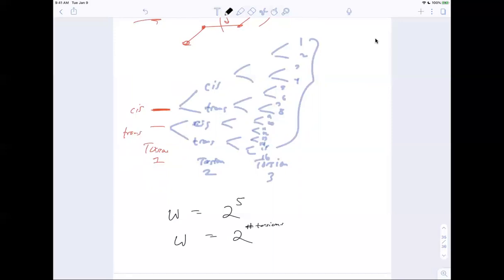Exactly. So you see here, W for this context dependent problem or this system is different than the combinatorial W that we started with for the joule-free expansion. And you both nailed it. It's 5 torsions, and the expression for W in this case is 2 raised to the number of torsions.